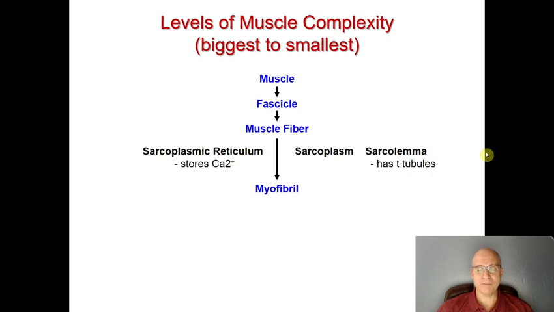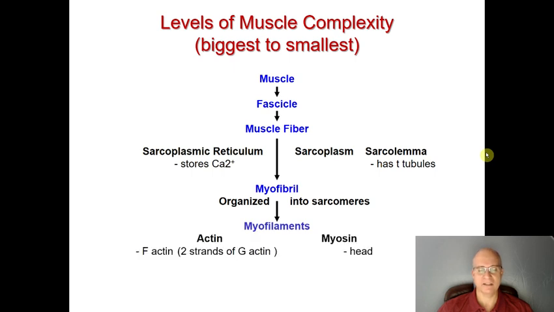We've got myofibrils, and myofibrils are organized into sarcomeres, and within each sarcomere, we're going to have the myofilaments, actin, and myosin, with actin having F-actin, troponin, and tropomyosin, myosin having the head and the tail.